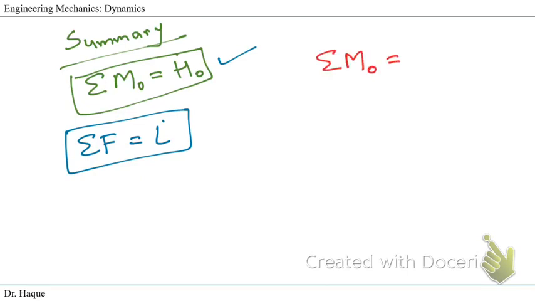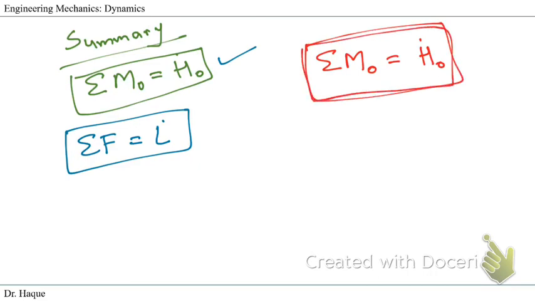The moment of all the forces about any point O equals the first derivative of the angular momentum. So this is our second equation.